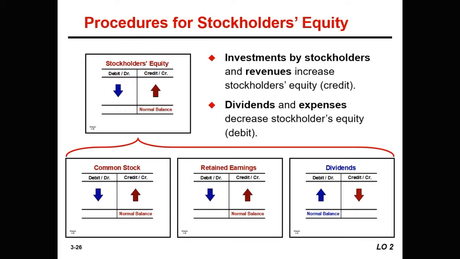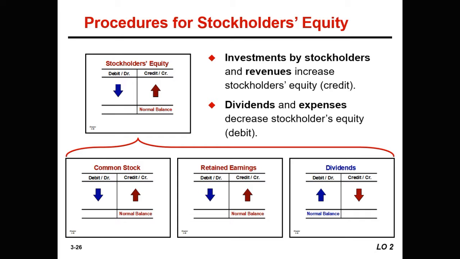Now, looking at stockholders' equity, remember it is actually comprised of different elements that impact it. So the actual stock accounts themselves, common stock or owner's equity, have a normal credit balance. Retained earnings themselves should have a normal credit balance.